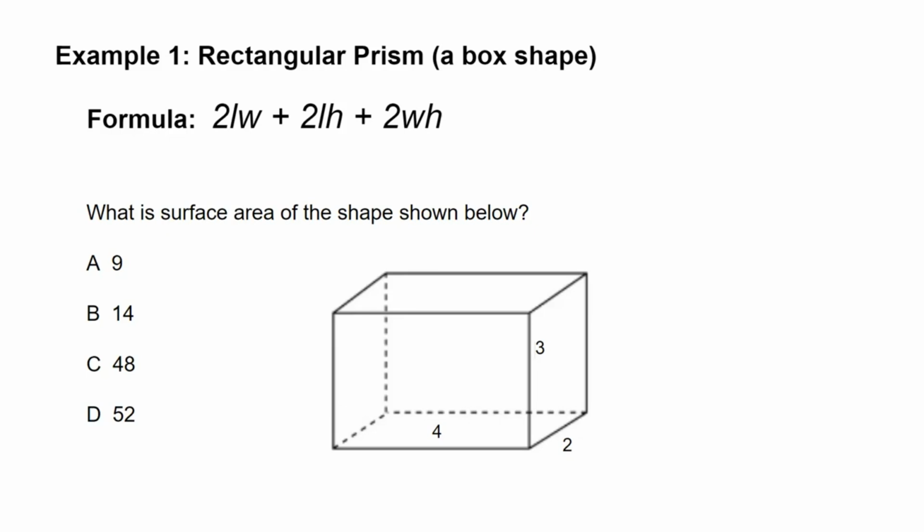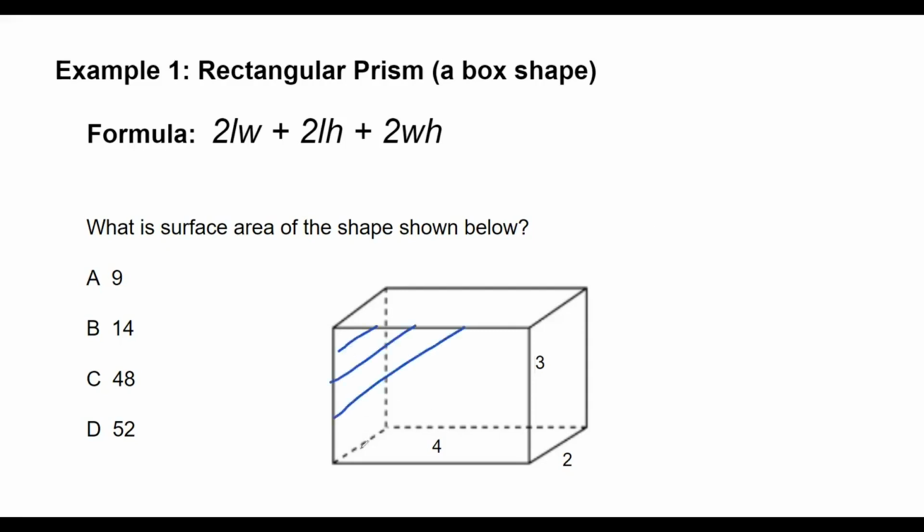It's because we have sets of similar sides. This is the front, and then back here we have a similar exact size, same size space on the back side of this box. So that's why we calculate that area, multiply it by 2.